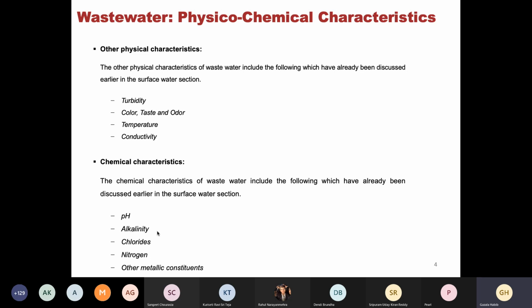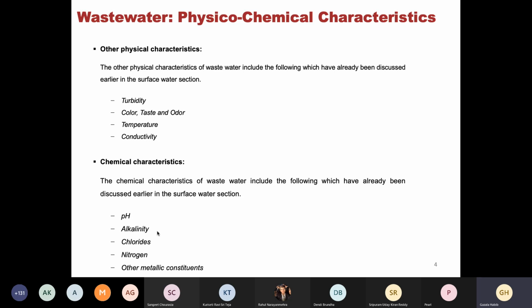Chloride is one of the chemicals which is present in water as well as wastewater. In wastewater, chloride should not be more than 120 ppm. Before disposal of wastewater to river, the chloride should reduce and it should not be more than 120 ppm.